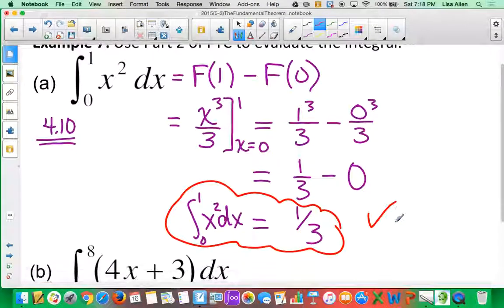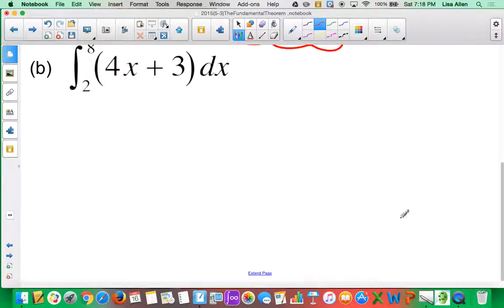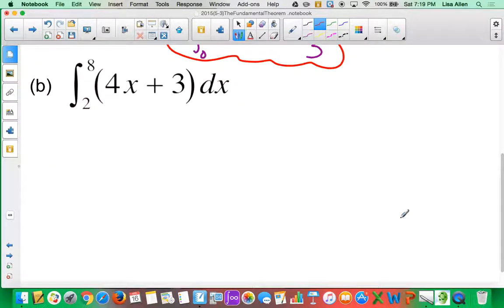Okay, so again, working on antiderivatives. We're on example 7, number 2. We have the integral from 2 to 8 of 4x plus 3 dx. So we're going to evaluate an antiderivative evaluated at 8 minus the antiderivative evaluated at 2.